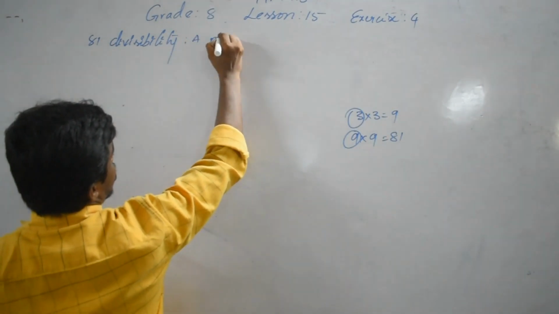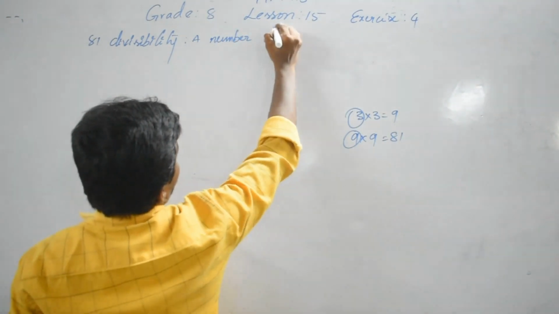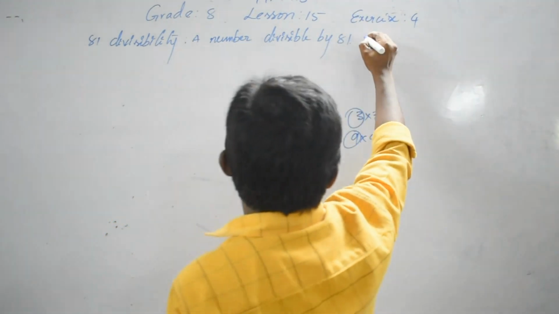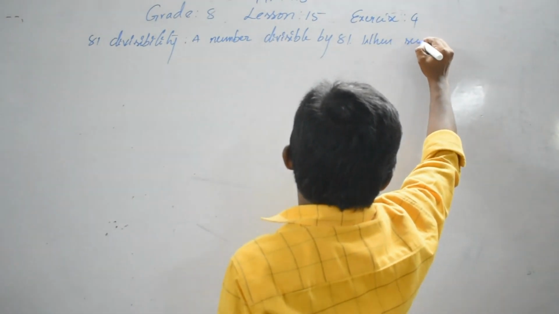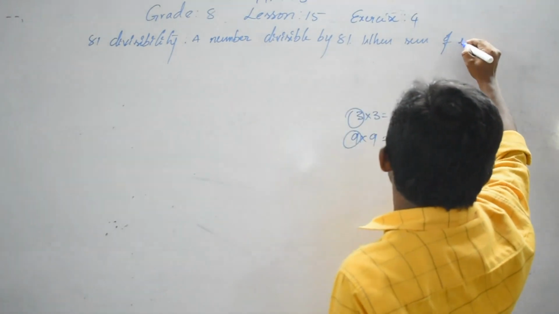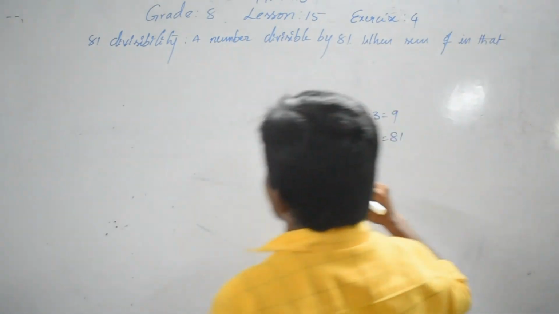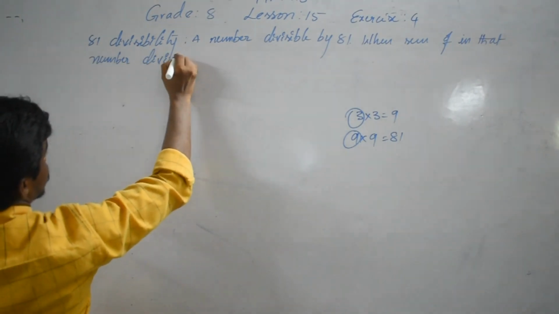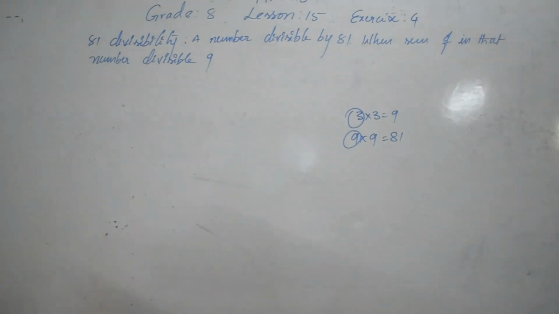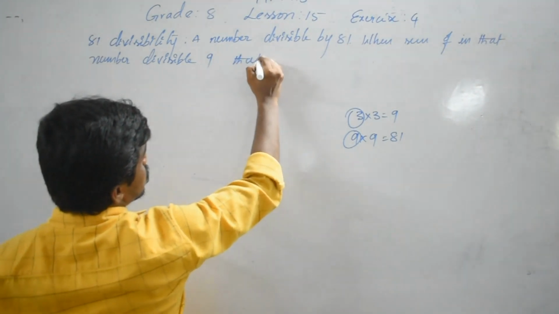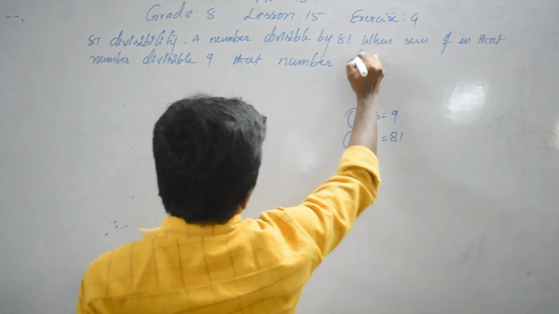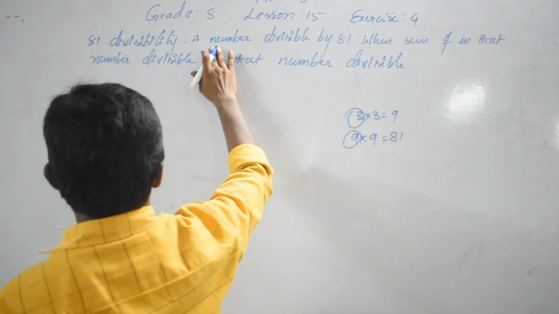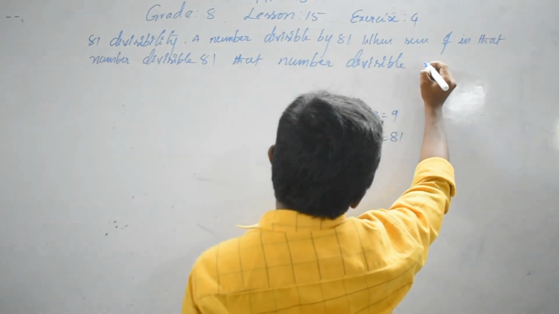See, a number is divisible by 81 when the sum of the digits in that number is divisible by 9 or 81, that number is divisible by 81.